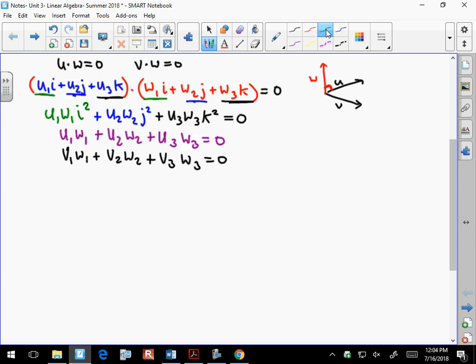So the coefficients would then be anything that doesn't have a w slapped onto it, right? So u1, u2, u3, v1, v2, v3, equal to 0. So it's a homogeneous equation.